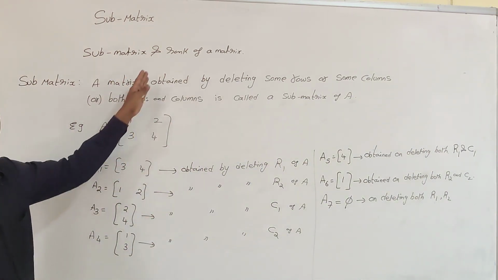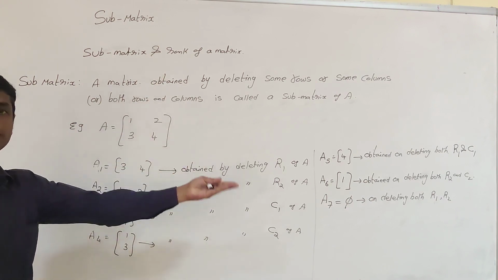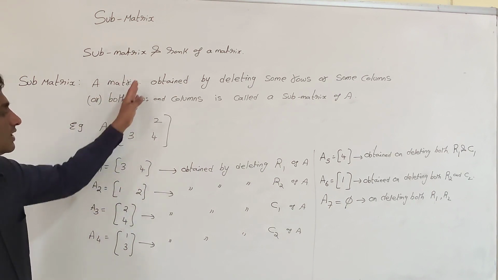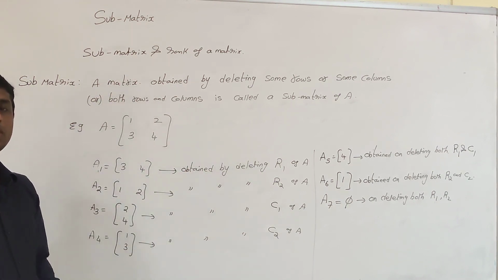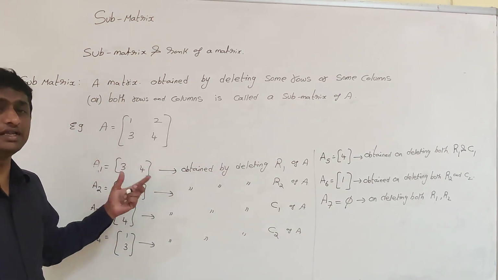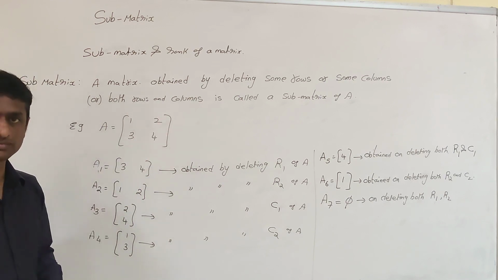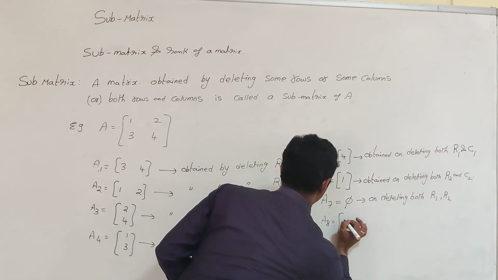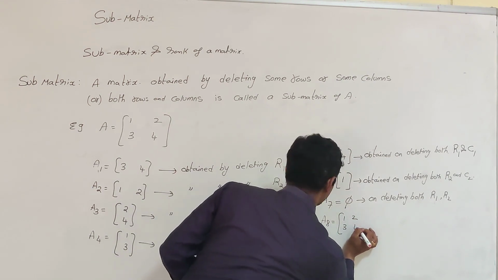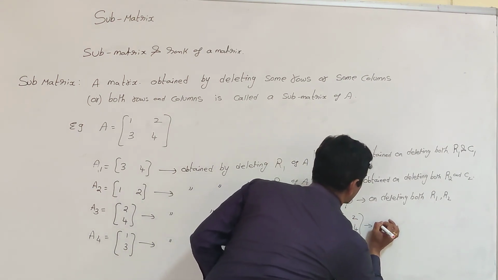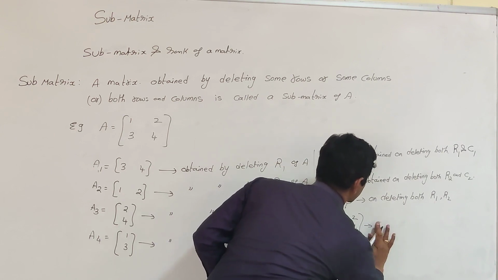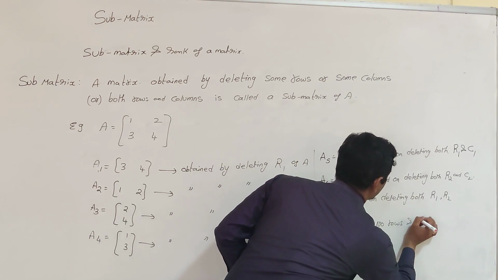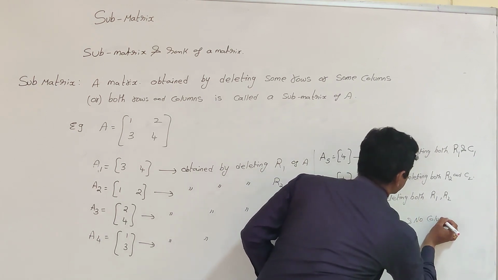On deleting no rows and no columns, you will get 1, 2, 3, 4 itself.